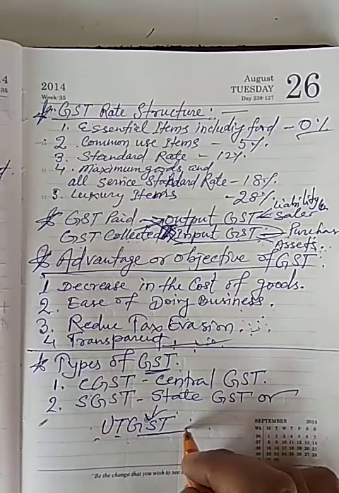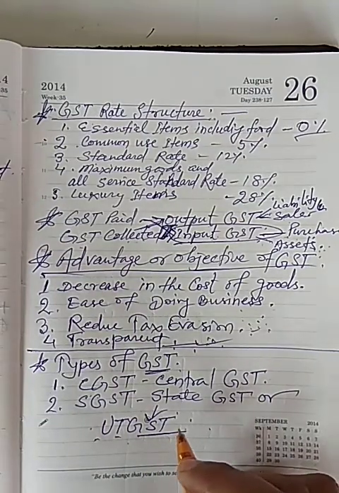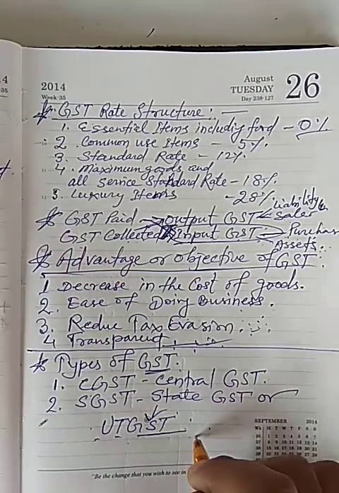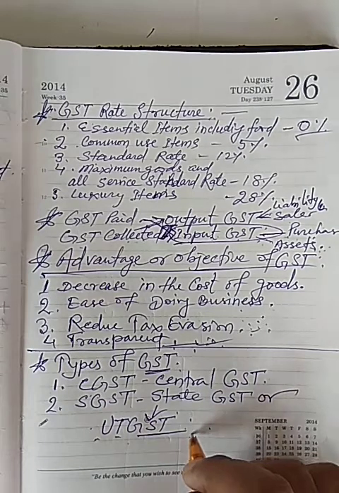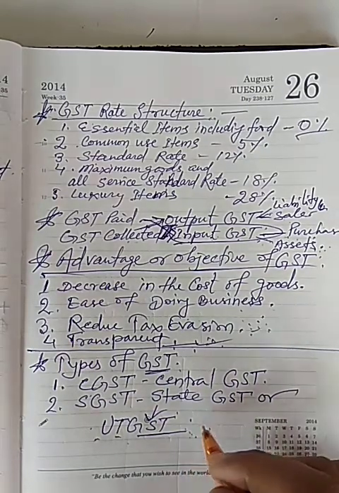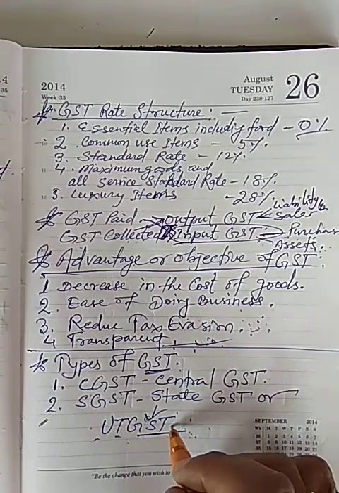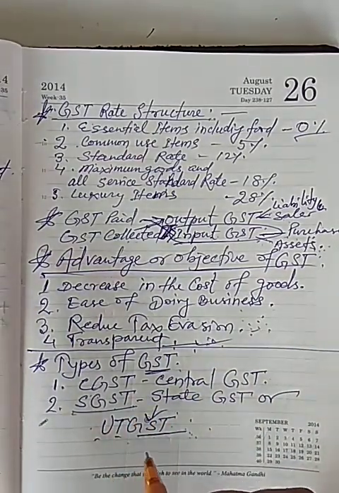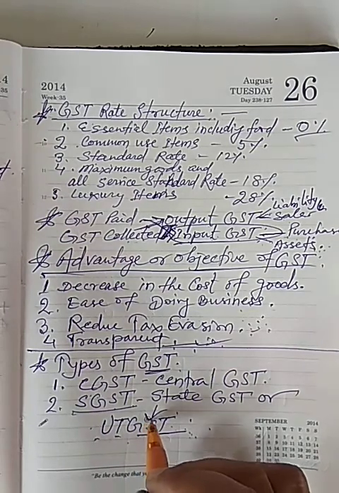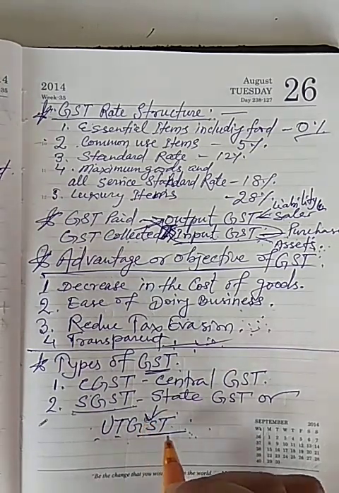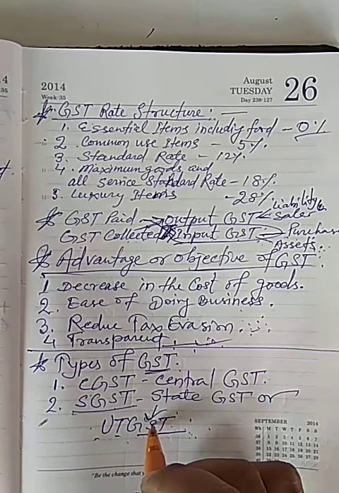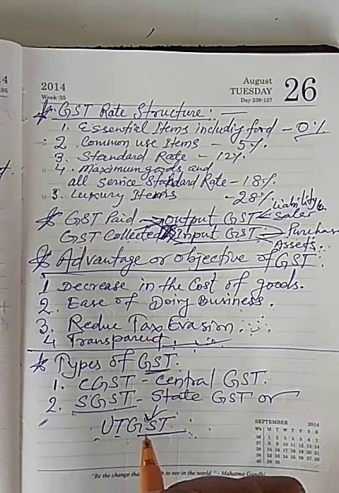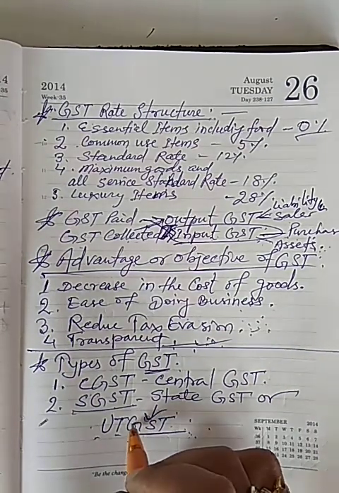Both of these taxes are levied on intra-state sales, that is, within the same state. For example, a dealer of Rajasthan sells goods to a dealer or consumer in Rajasthan worth 50,000.